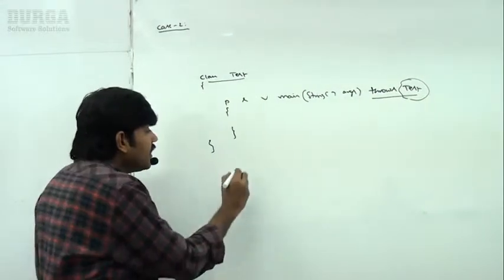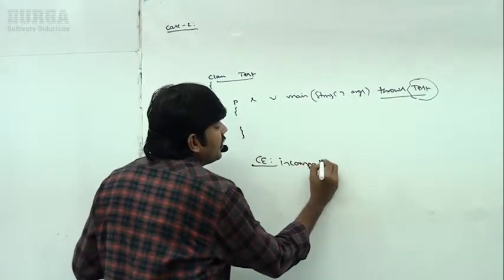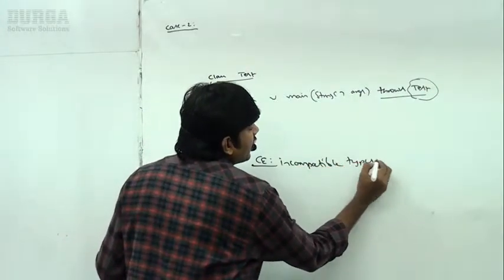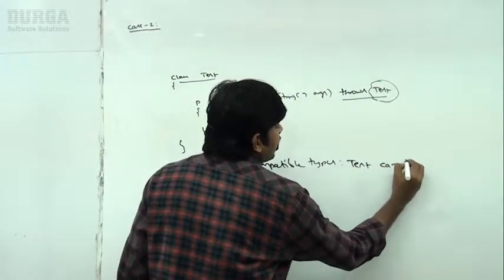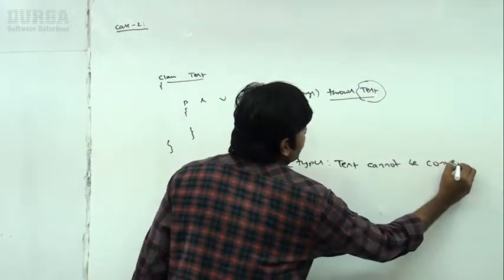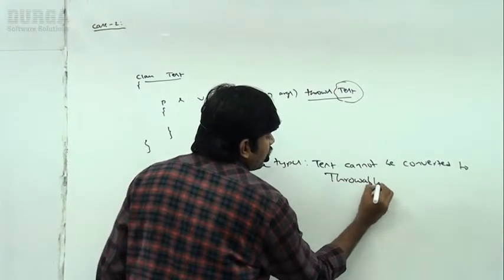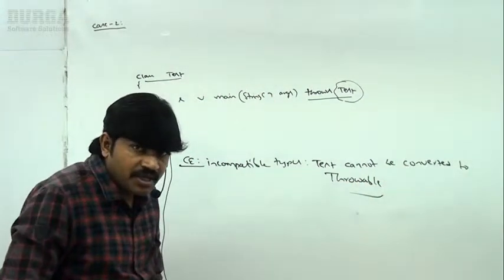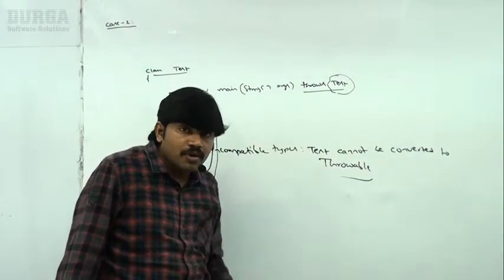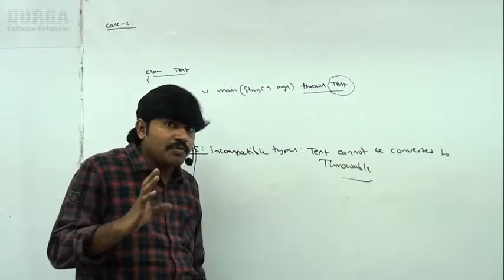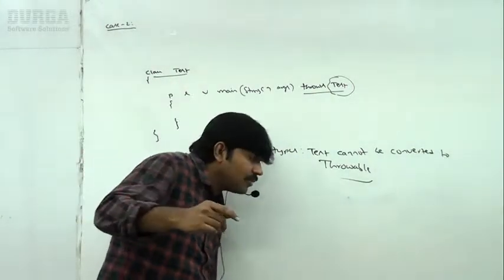That's why immediately we are going to get a compile time error saying incompatible types: Test cannot be converted to Throwable. Remember this: we can use the throws keyword only for throwable types. For non-throwable types, immediately we get an error. Now observe carefully.